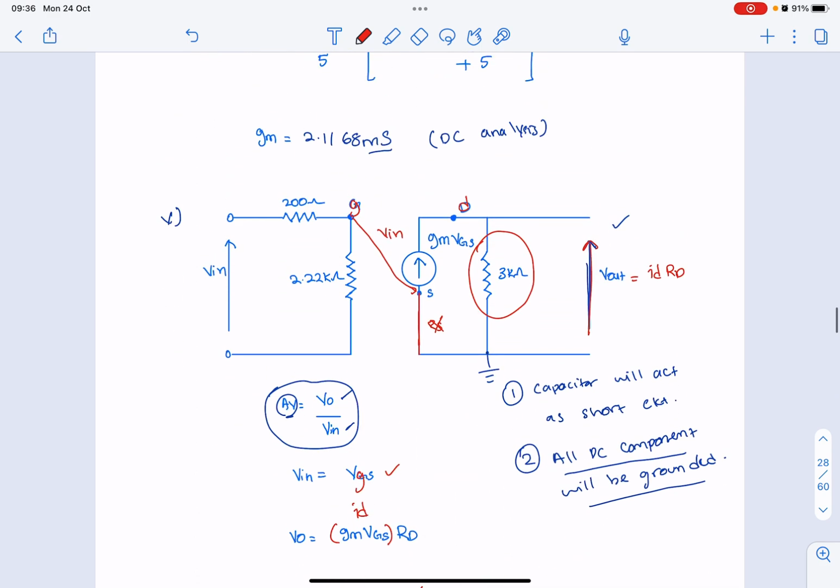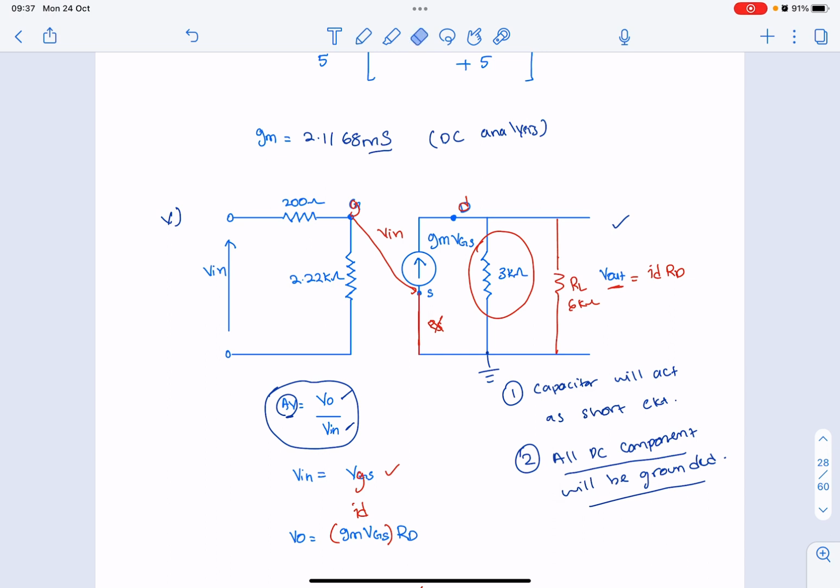So if you draw it into your equivalent circuit, this is your load resistor. We call this one RL, which is 6 kilo ohm. So what happened to your new V out?